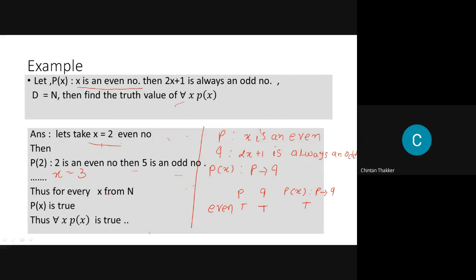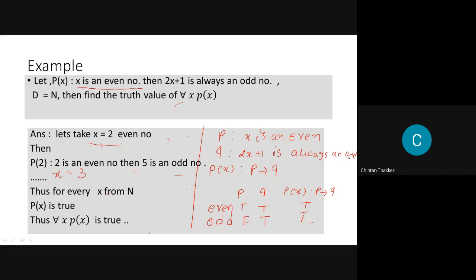Then we take the odd numbers. So for odd numbers, the P is false. For an odd number, odd into 2, we get even. Even plus 1, again odd. So this is true. Now P implies Q. If P is false, then P implies Q is true. So here we get true. So that means P of x is true for all x.